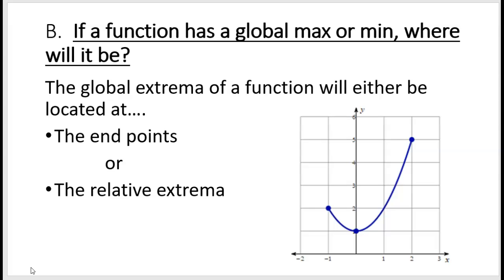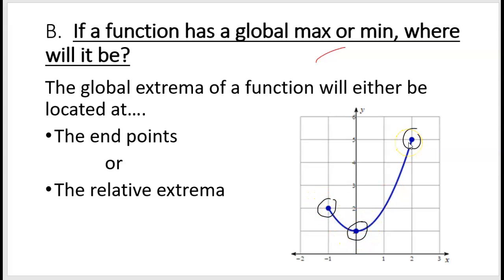Well, it has to be at one of two places. It's either going to be at the endpoints or it's going to be at a relative extrema. So if I'm looking at this graph right here, we know that the absolute min or the absolute max has to either happen at one of these endpoints or it has to happen anywhere there's a relative extrema.